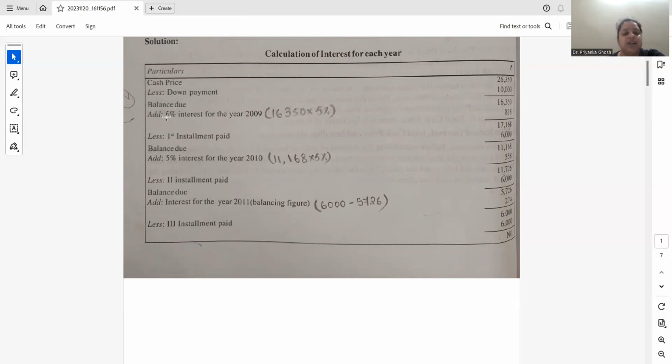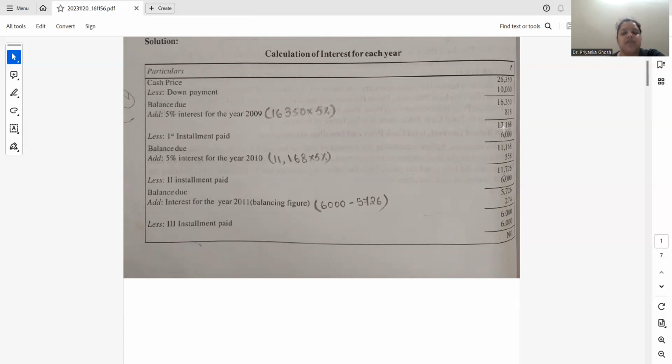Calculating 5% on 16,350, the interest comes to 818 rupees. We add this interest to the balance, so the total balance due comes to 17,168.